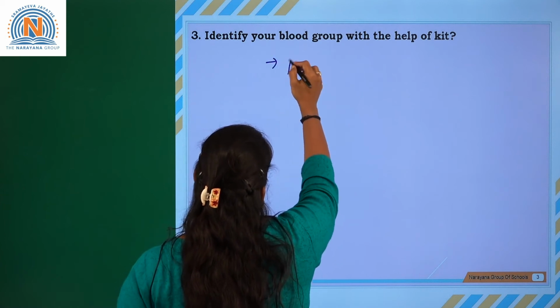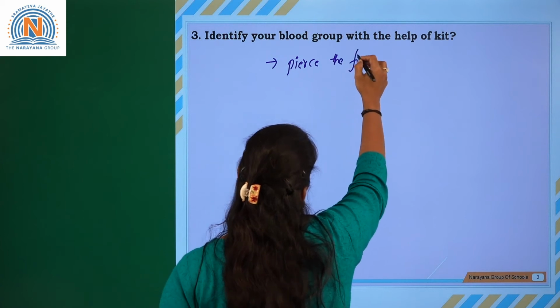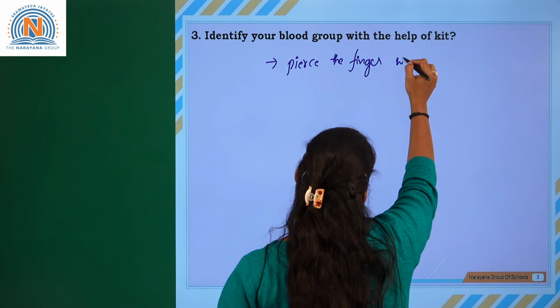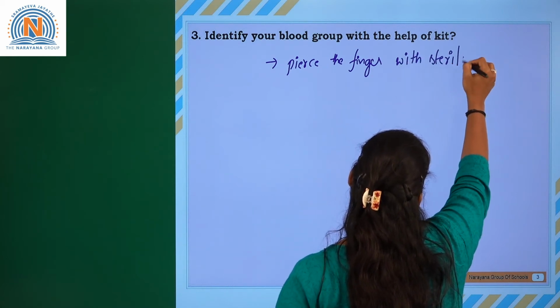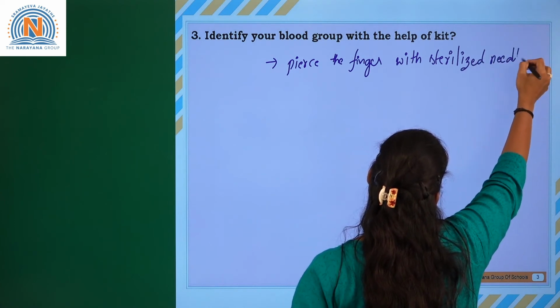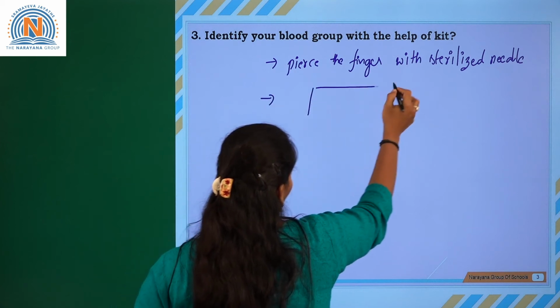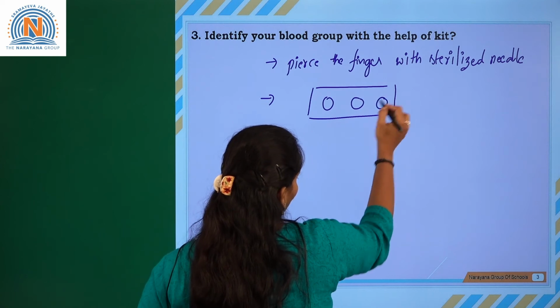Prick the finger with a sterilized needle. We need to take 3 blood droplets.